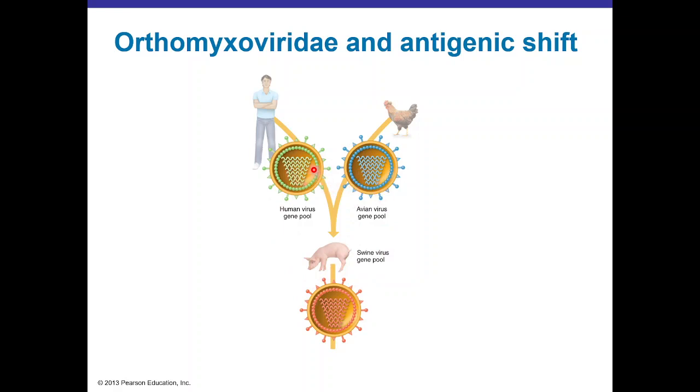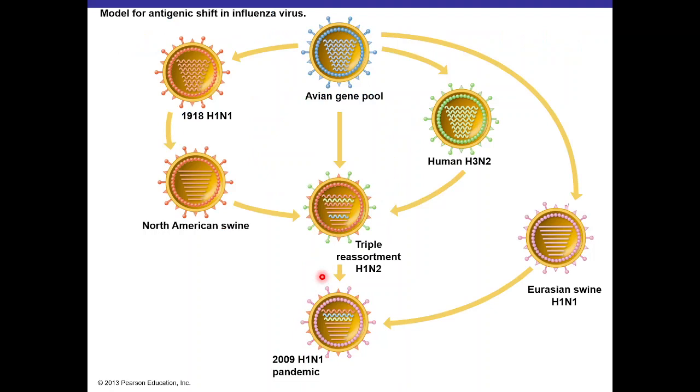This is a virus that is RNA that has segments. It's segmented RNA. You can have up to 7 segments, and then you can have reassortment of these segments into what we call triple reassortment. So this is avian gene pool reassorting with the human H3N2 and the North American swine.